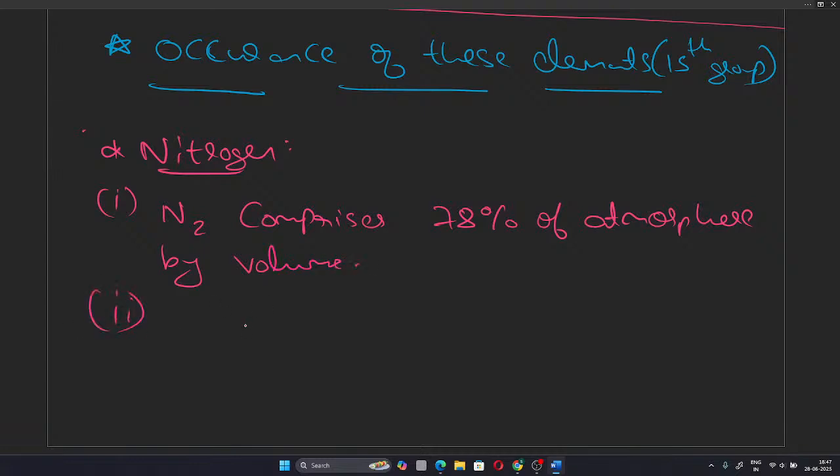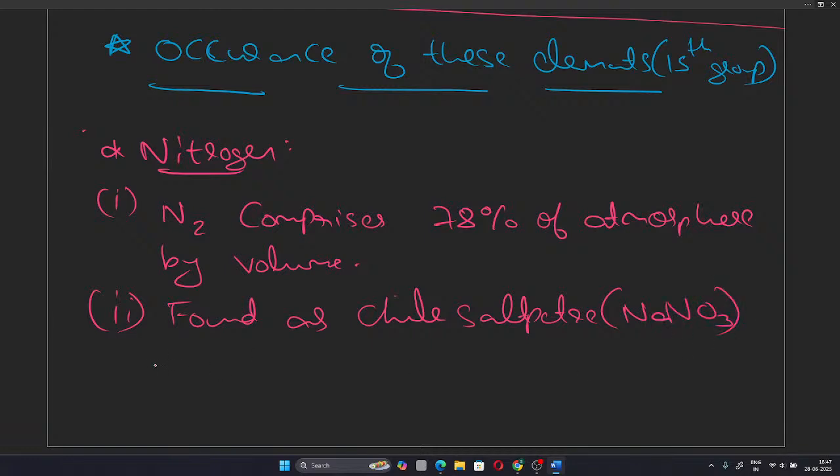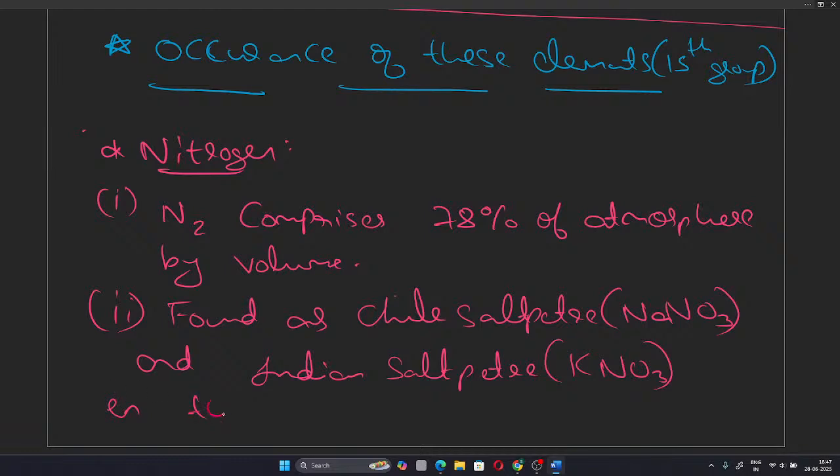Second, found as Chile saltpeter, sodium nitrate, and Indian saltpeter, KNO3, in the earth crust.